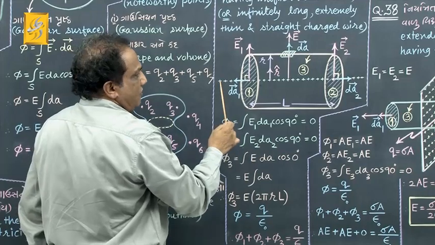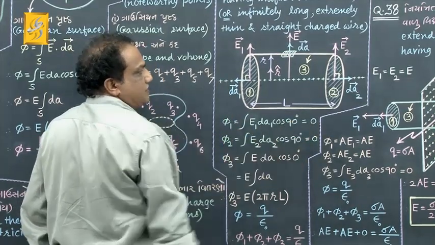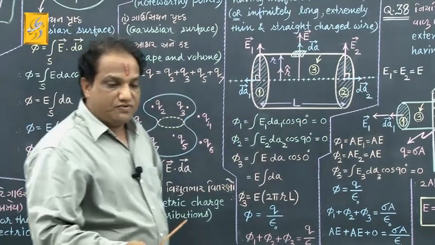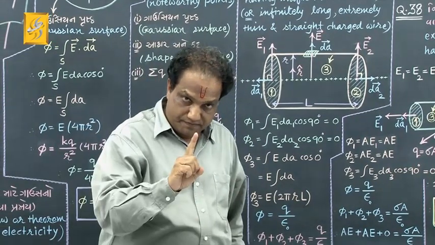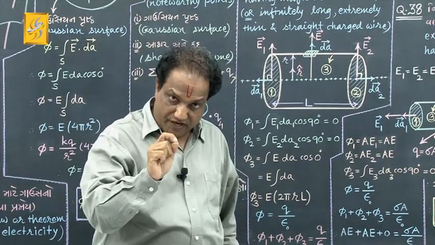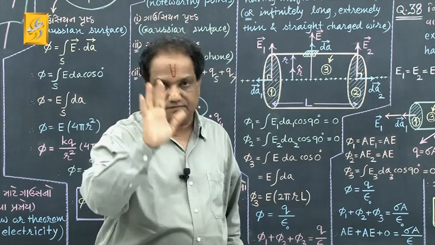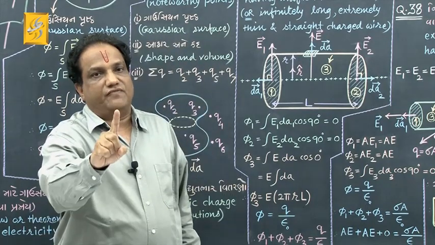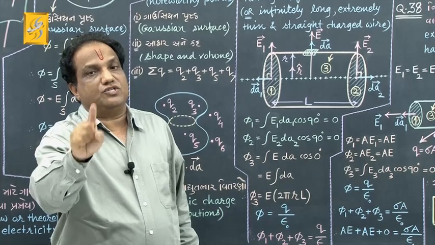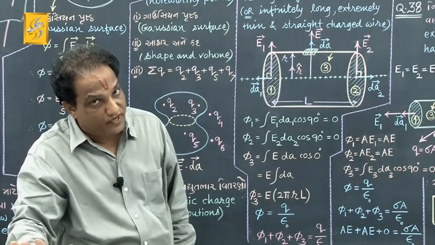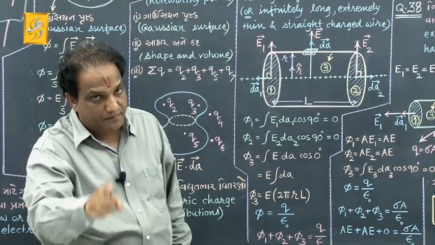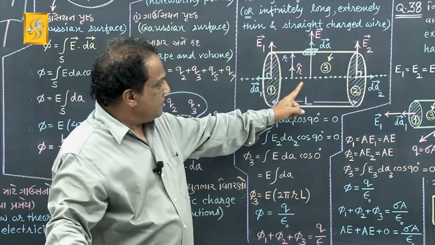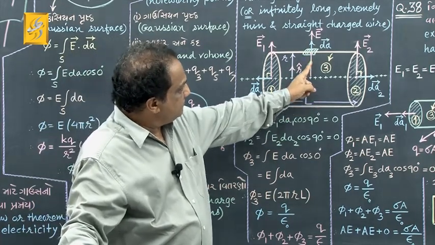Remember one thing, for an infinitely long straight line of charge, the electric field is always perpendicular to that line. But if it is positive charge, the electric field is away from it.